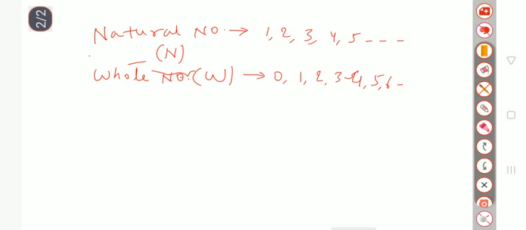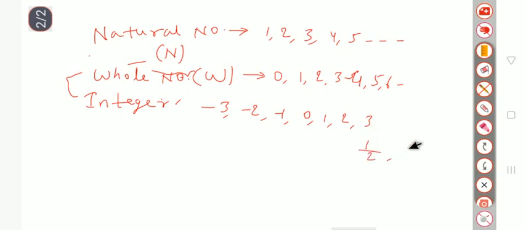Now coming to next, integer. All of you know integer includes all the positive, negative and 0, like -3, -2, -1, 0, 1, 2, 3. A fraction is not an integer, like 1/2, 3/4, these are not integers.